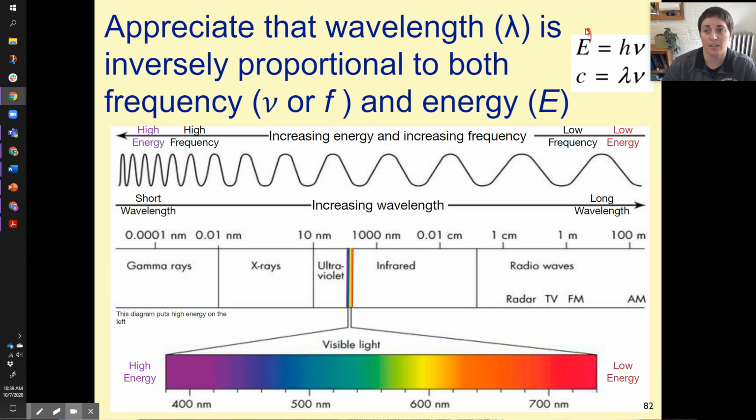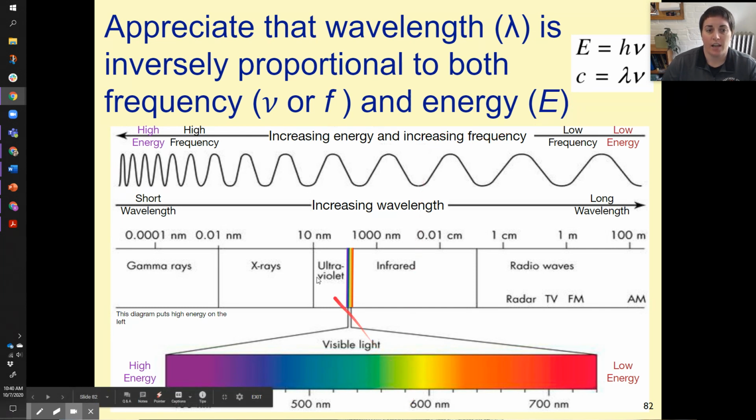So the energy of a wave is equal to Planck's constant times frequency. H is Planck's constant. It's on your formula sheets. And then C, which is the speed of light, another constant, is equal to the wavelength, which is the Greek letter lambda, times the frequency. So speed of light equals wavelength times frequency.